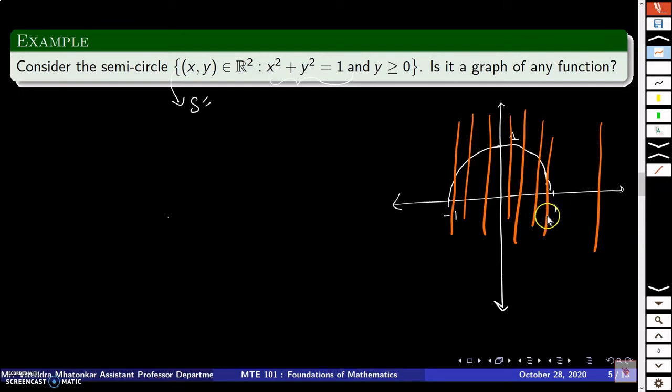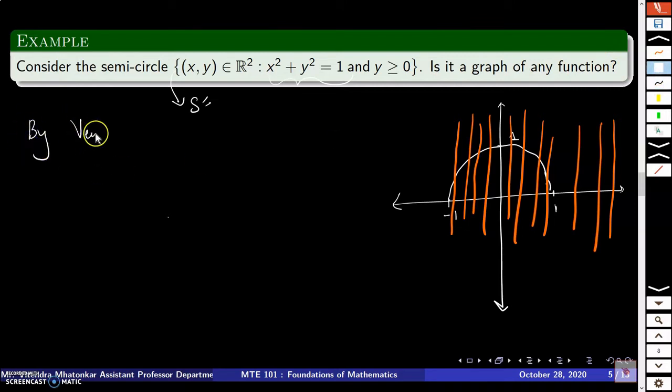At most one meaning what? Maximum once, right? So there will be vertical lines which are not touching the set, that's okay, but lines which are touching, touch at most once. So from the vertical line test, it's clear that this set will be a graph of some function. Okay, so let me put it down.